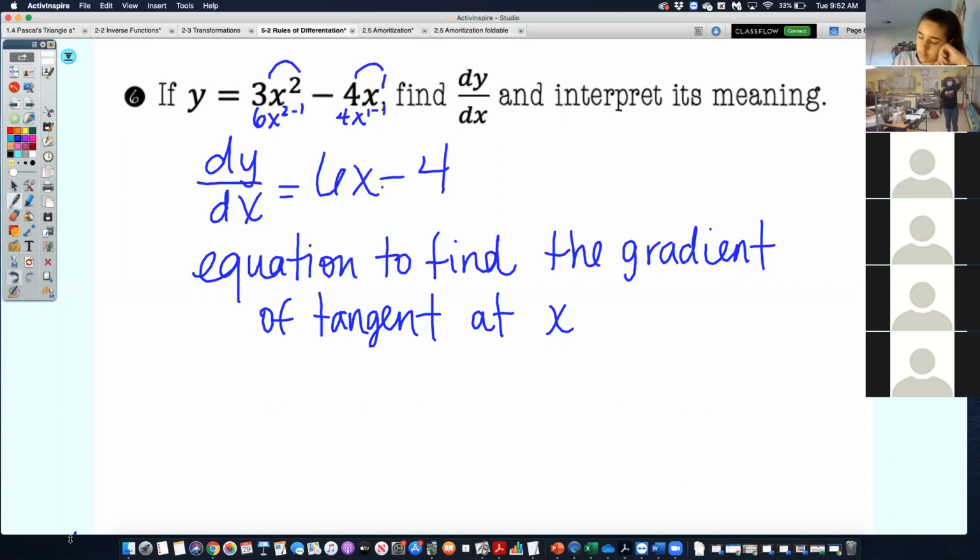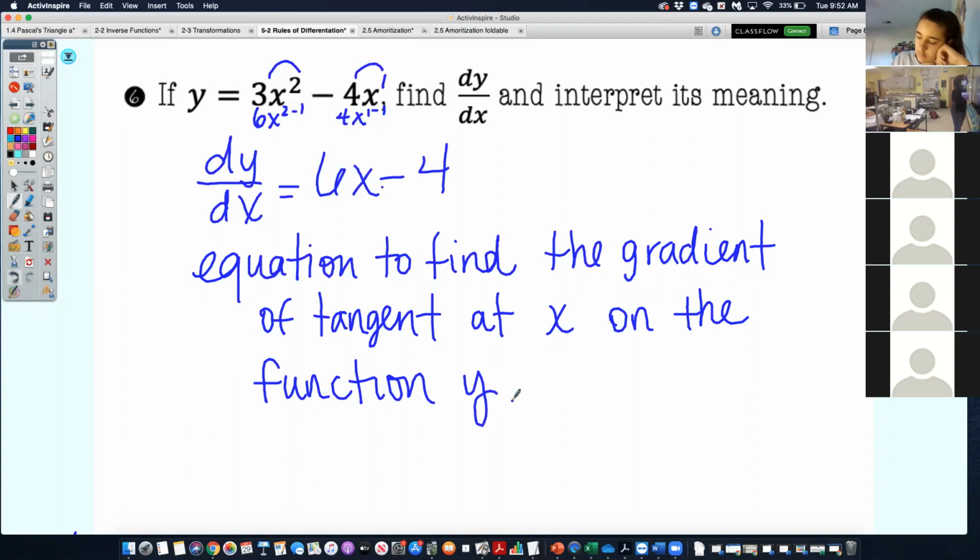It could be any point along your function y. That's what you're doing every time you're finding the derivative. You are finding an equation or rule that will help you find the gradient, the slope of any tangent line at any x value on the original function. That's what that means.